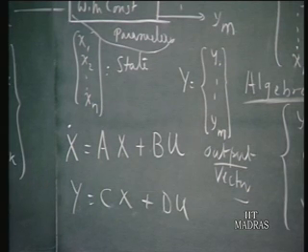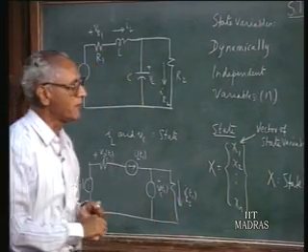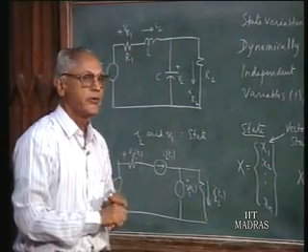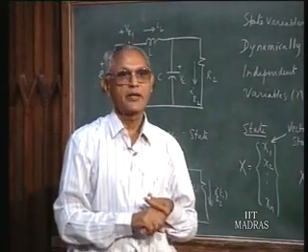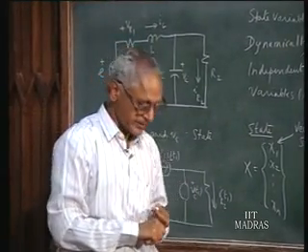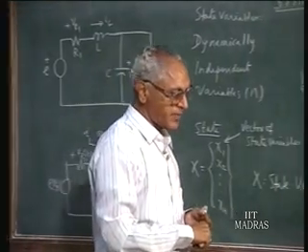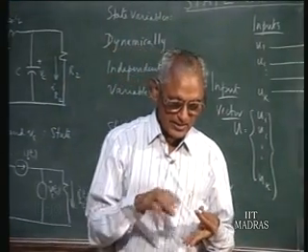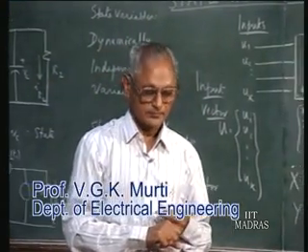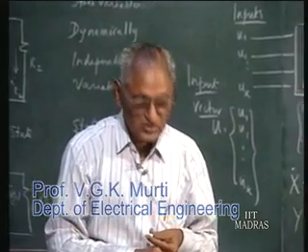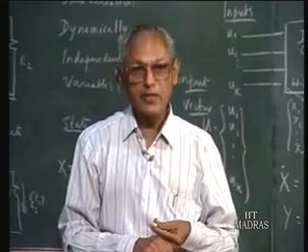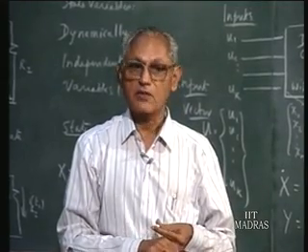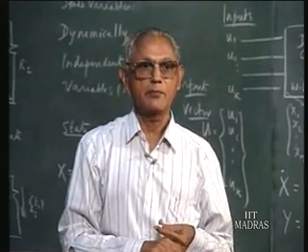So, to summarize the discussion so far, when you are dealing with a dynamic system, you need to have some information about the past before you can predict the future under the influence of a given excitation. The essential information regarding the past is summarized by the state of the system. The state of the system is constituted by n dynamically independent variables in the system. There are several choices of these n dynamically independent variables.